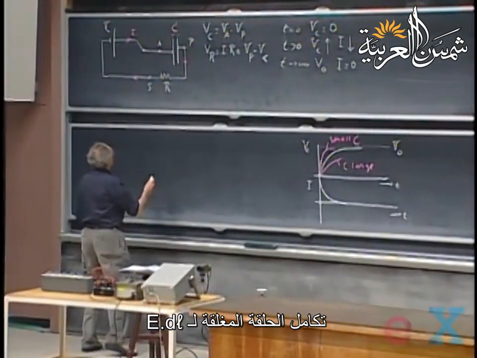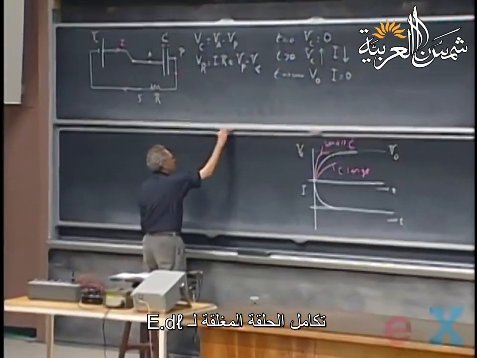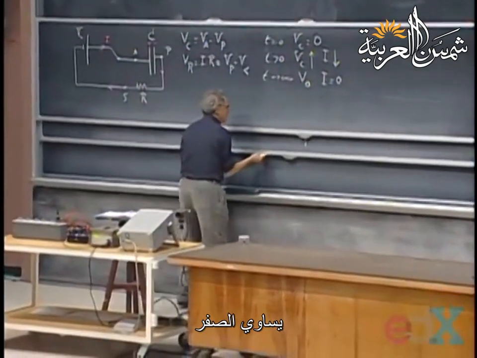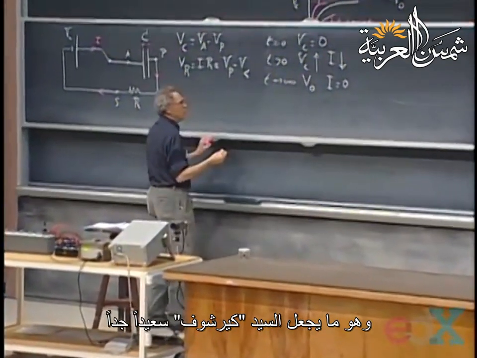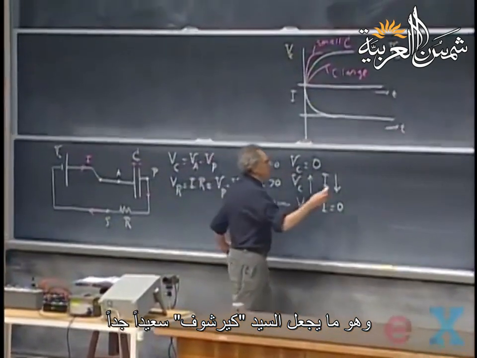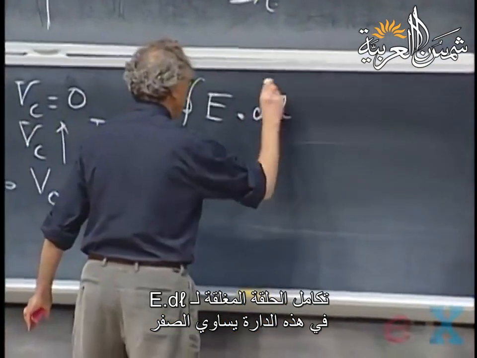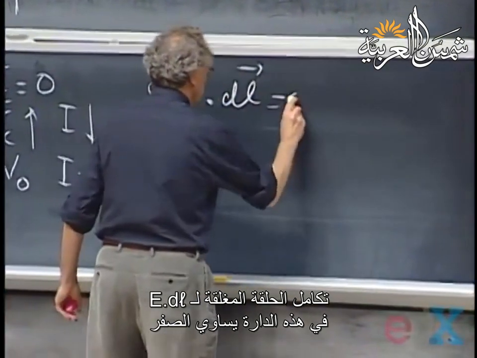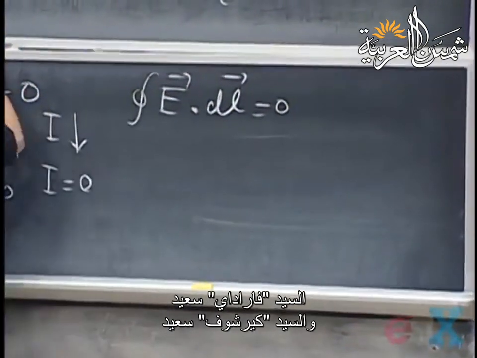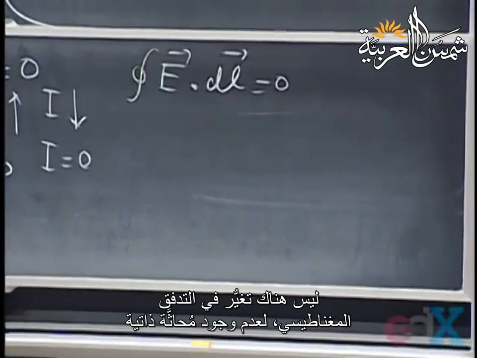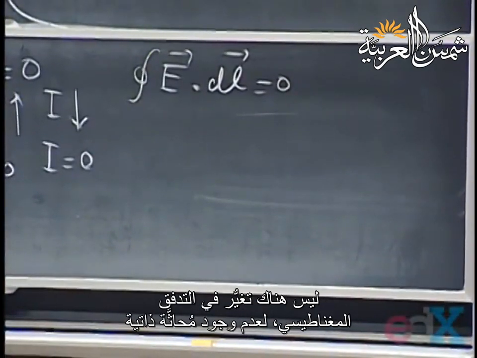The closed loop integral of E dot dl happens to be 0, which will make Mr. Kirchhoff very happy. The closed loop integral of E dot dl in this circuit is 0. Mr. Faraday is happy and Mr. Kirchhoff is happy. There is no magnetic flux change here, we don't have self-inductances.